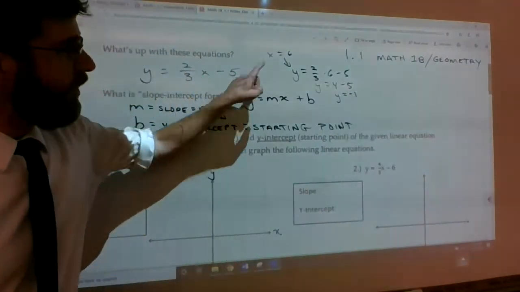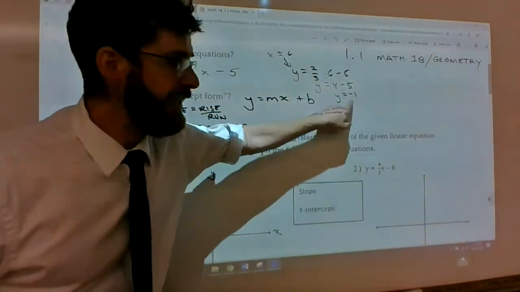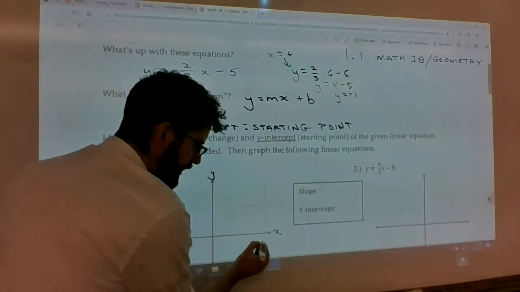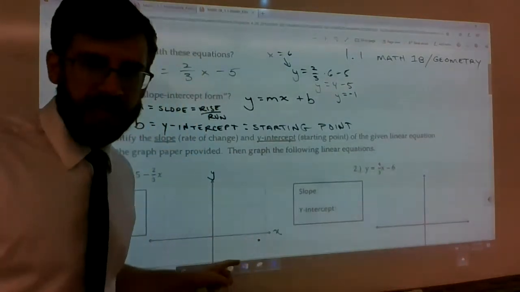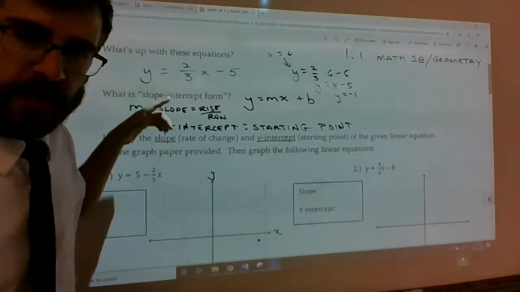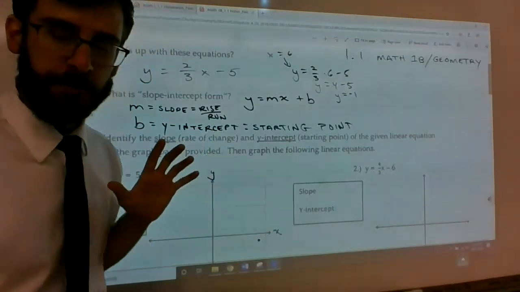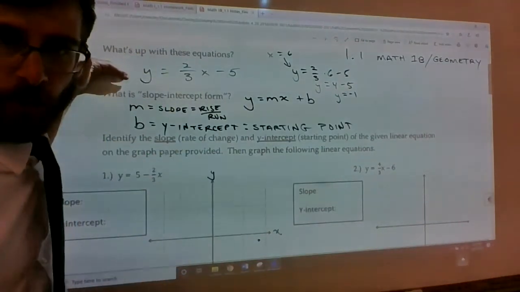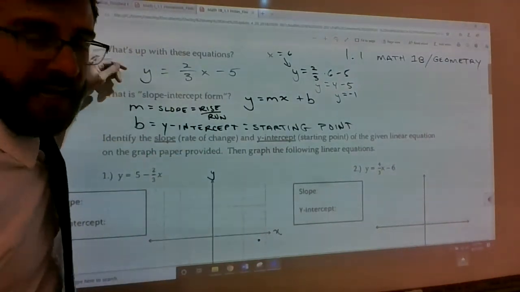So the point 6, -1, so over 6 units, down 1 unit, that actually is a solution to this equation right here. A lot of times we don't talk about lines or points on lines as a solution to an actual equation, but that's exactly what we're talking about here.